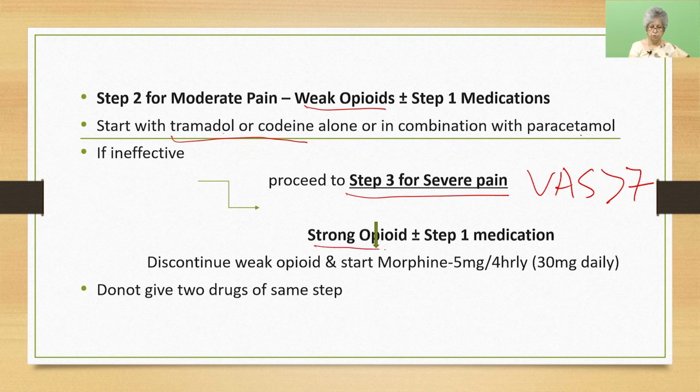Here you use strong opioids, strong narcotic drugs, plus adjuvants. Strong narcotic drugs are morphine, oral morphine, and there is a new drug, the fentanyl patch, which is very costly, but still it is used as a step 3 drug.